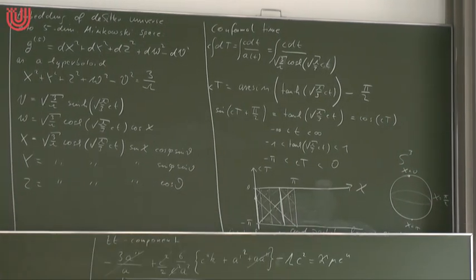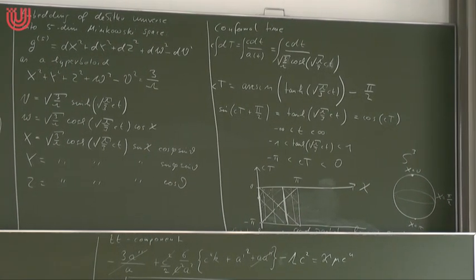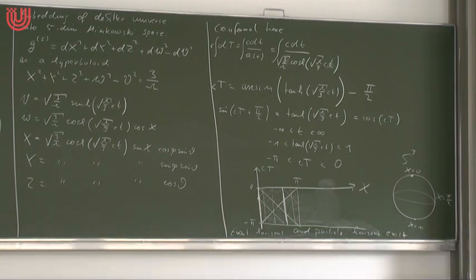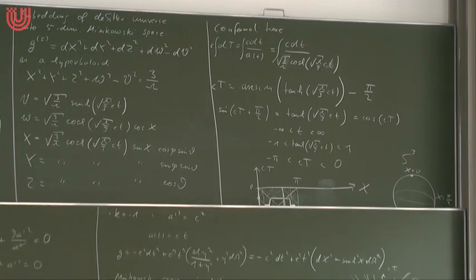So I try to clean the board. And then we can consider the case k equal 0. Let me remove this here. So we don't need this.